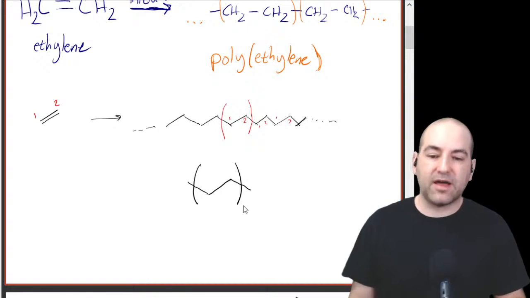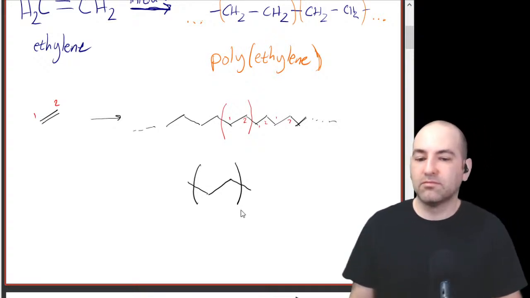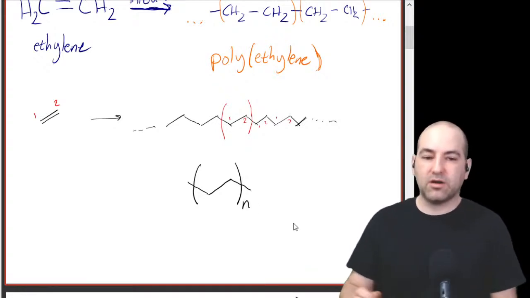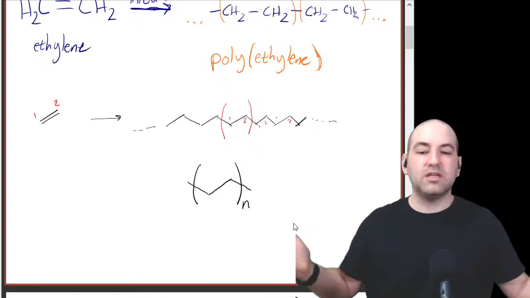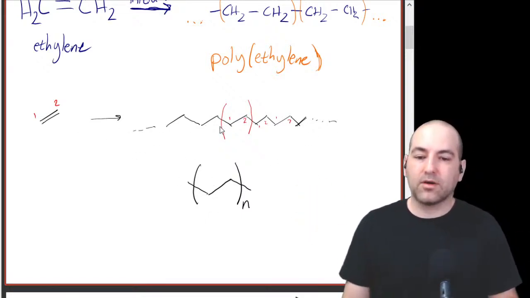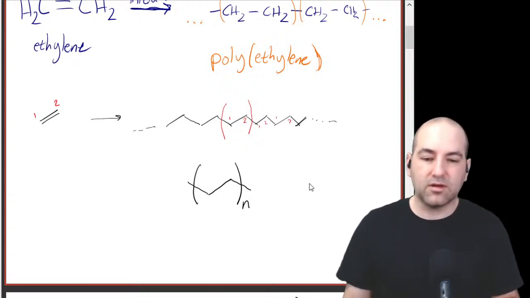And then we can specify a number down here in the subscript. If we wanted, let's say, 100 units, we would say 100. But if we're just trying to express the polymer in general, we use an n to just say some number. This is going to repeat some number of times. Okay. Or you could also do it in the condensed structure form, which might look like this.